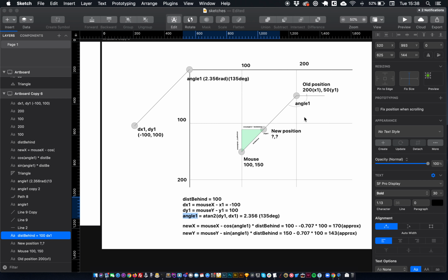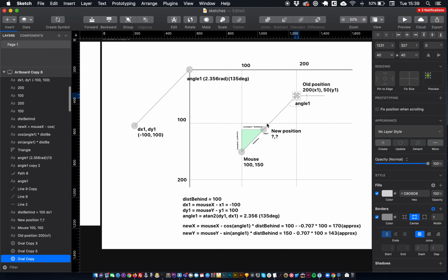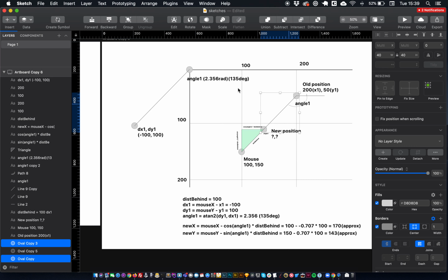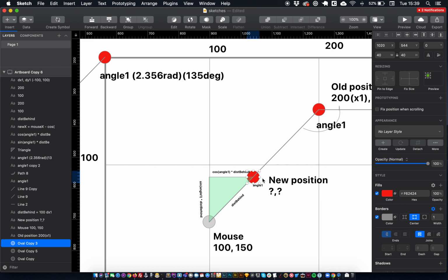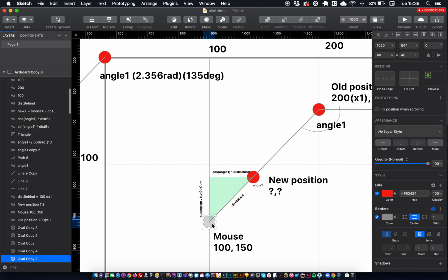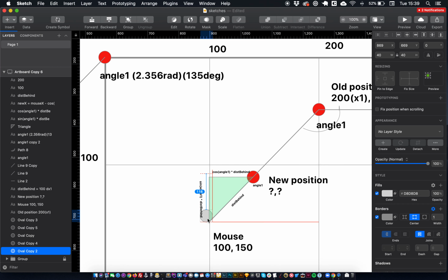Yeah, and what we're going to do is use that angle to calculate this new position. So this is the old position on the previous draw of the follower, which is red. And this is the new position of the follower that we want to find, because since the previous draw function the mouse was roughly here, and then since then it has moved down here.